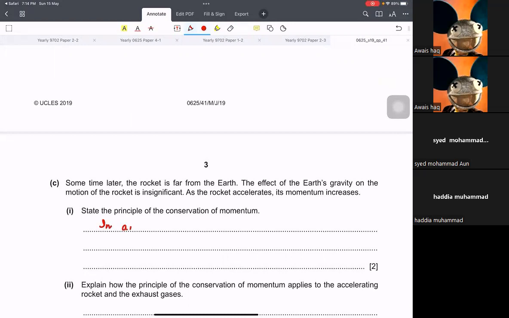In an isolated system, you can also write closed system, right? Sum of total momentum before and after collision is equal.